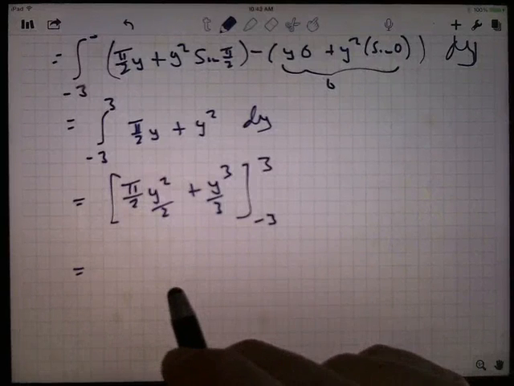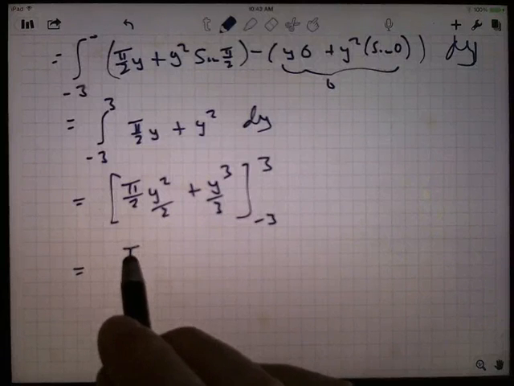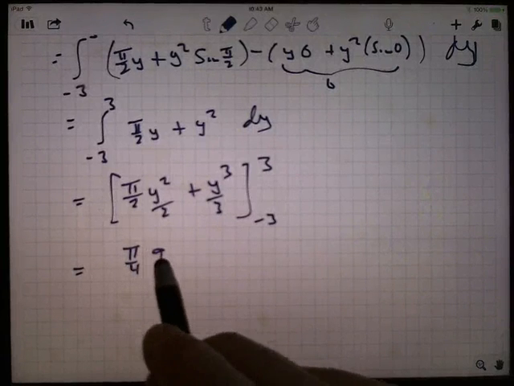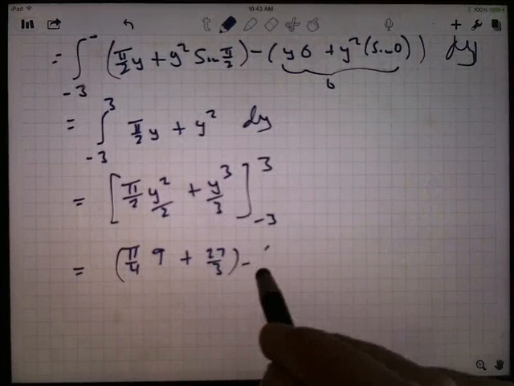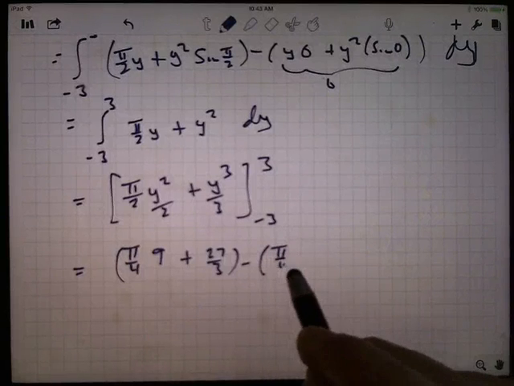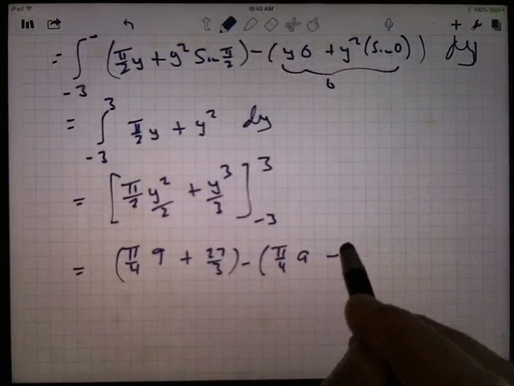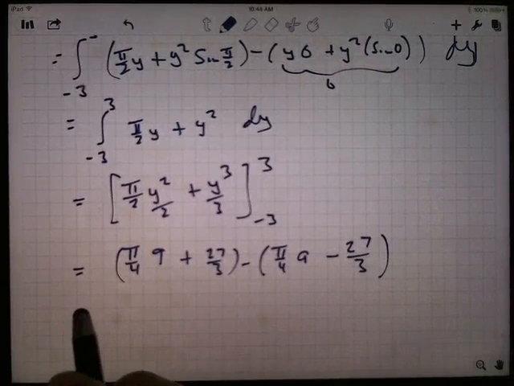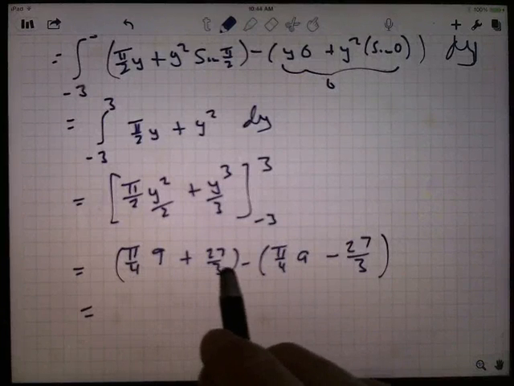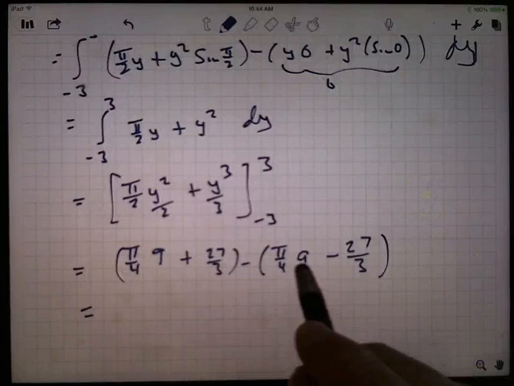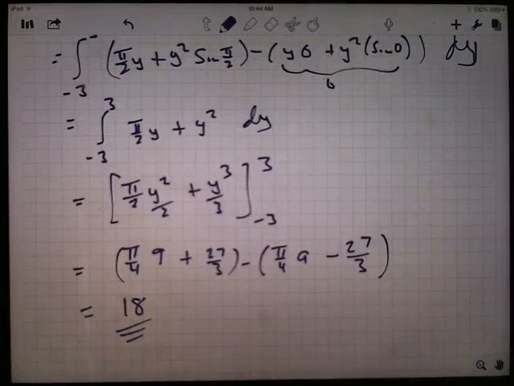So anyway, we plug in here, and I've got pi over 4 times 9 plus 27 over 3, and then minus pi over 4 times 9 minus 27 over 3, for a grand total of, well, those go away and these double on themselves, so 9 plus 9 is 18. So it looks like I have an answer of 18.